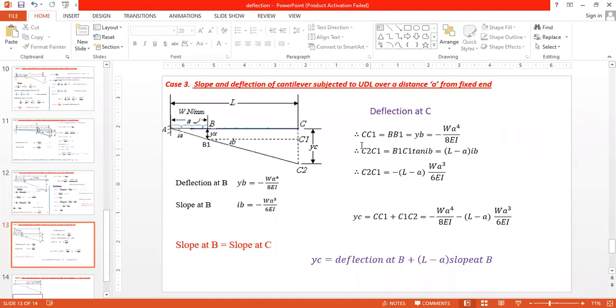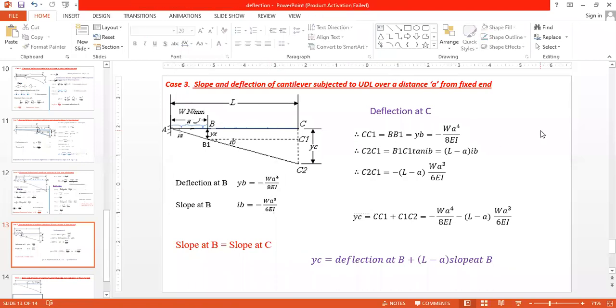Now if we draw the horizontal line, and consider this as the deflection at b, that is bb1, the deflection at b, that is w a raised to 4 divided by 8 EI. Now this becomes cc1, which is the same as bb1, equal to the deflection at b, minus w a raised to 4 divided by 8 EI, this equation.